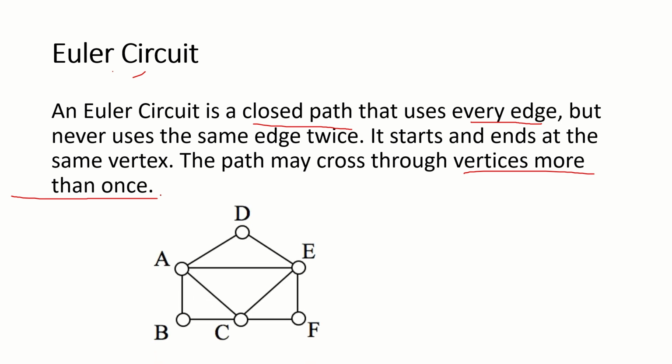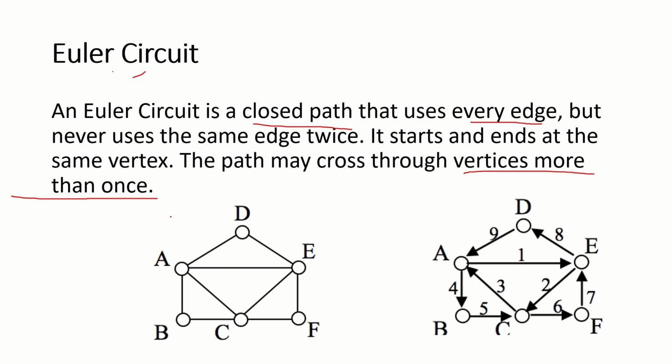So say for example, we have this. Does this contain an Euler circuit? Of course, so we have this example. So this is one to A to E. Then we go to C. Then we go back to A. Then we go down to B. We go to C, F, E, D, and A. We started here and we ended here.